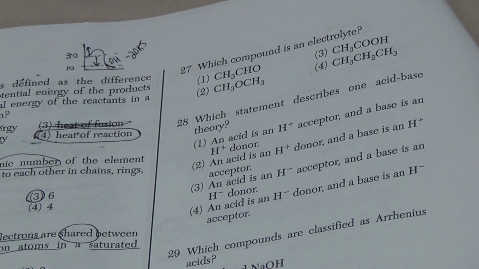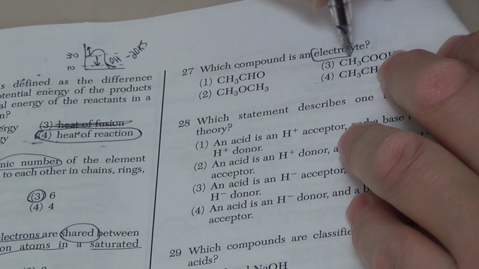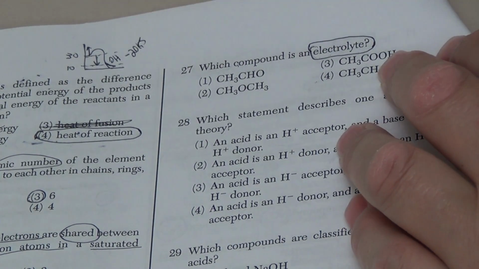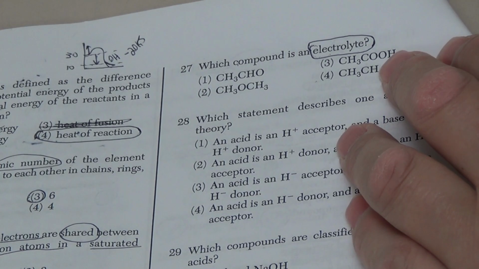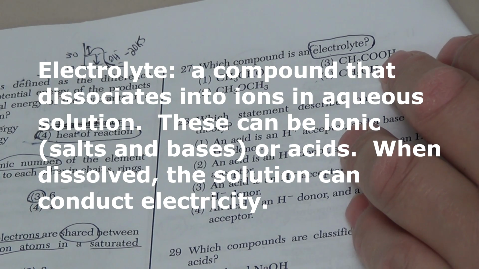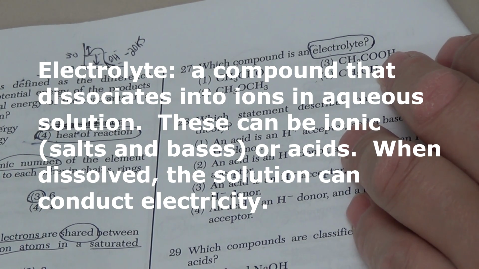27. Which compound is an electrolyte? Now here's another one that people will often have difficulty with. An electrolyte is a substance which, when dissolved in water, breaks up into ions, and those ions can carry electrical charge, which conduct electricity.